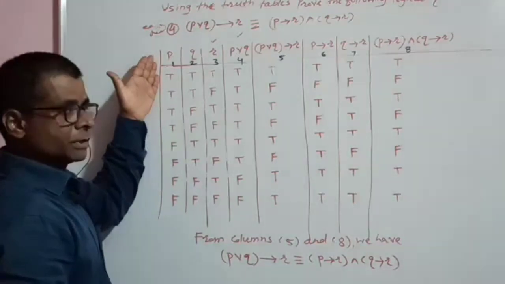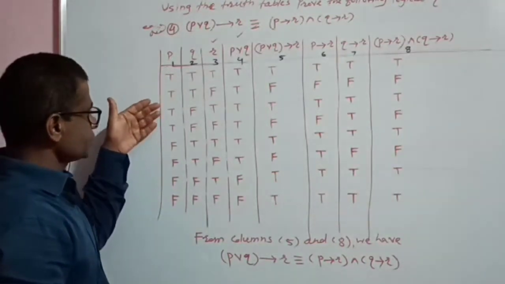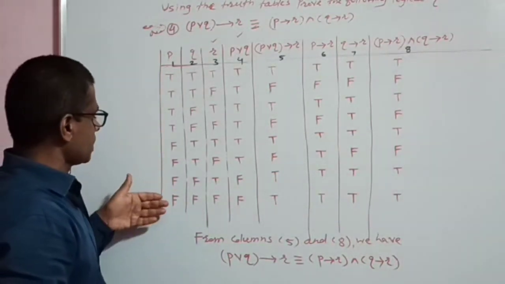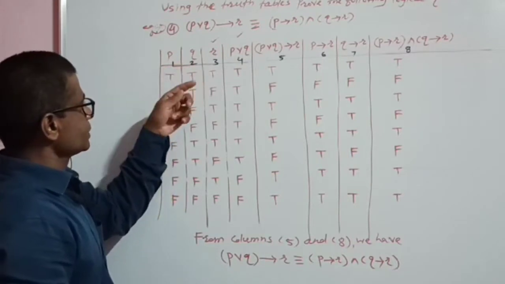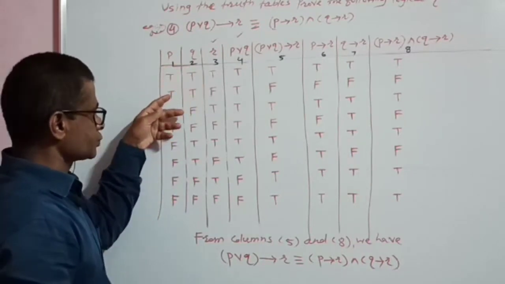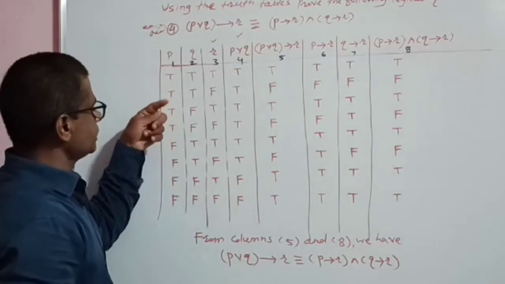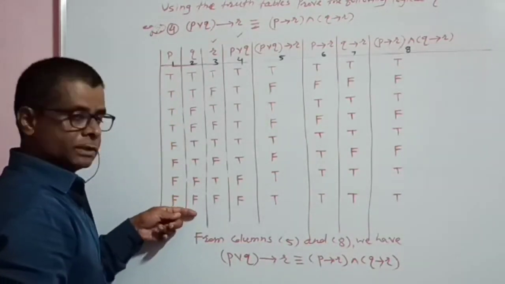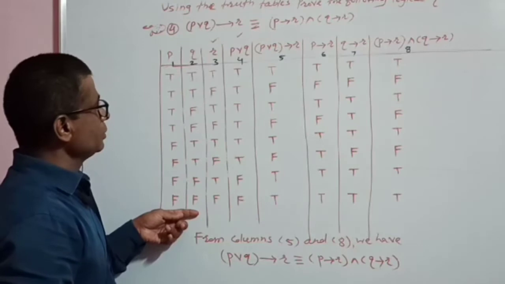So for the statement letter P, first 4 are true, next 4 are false. Statement letter Q, first 2 are true, next 2 are false. Like that alternately you have to write till the 8 truth values.